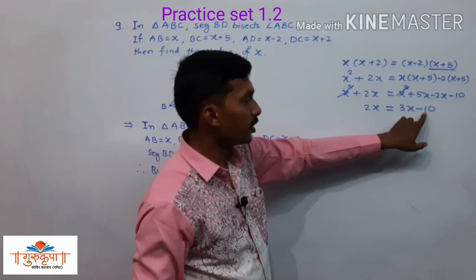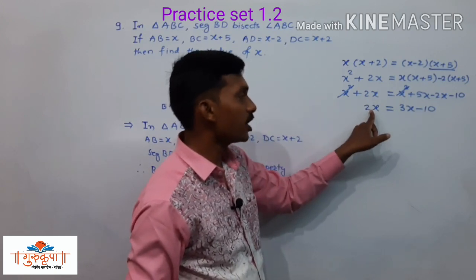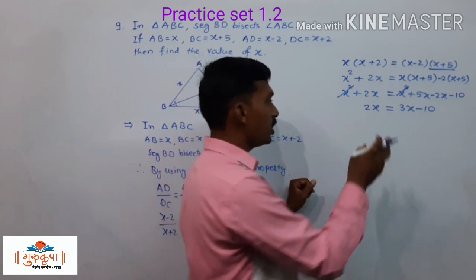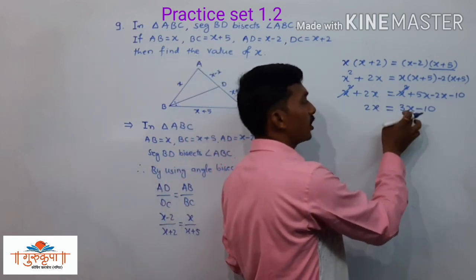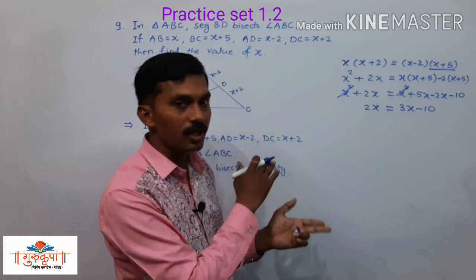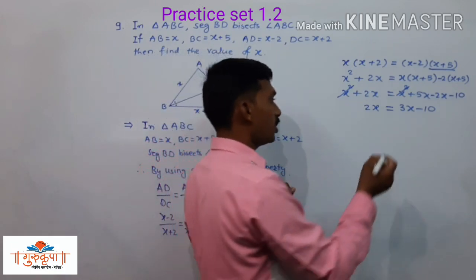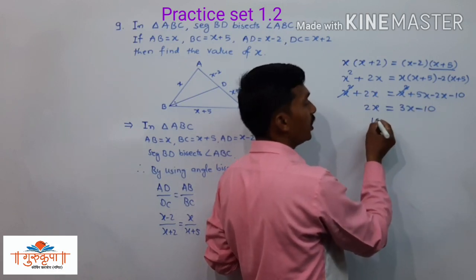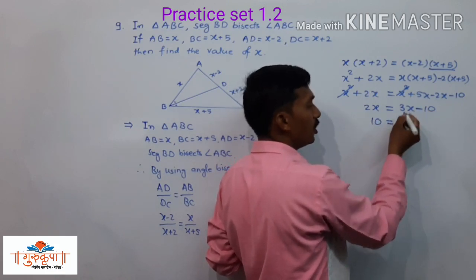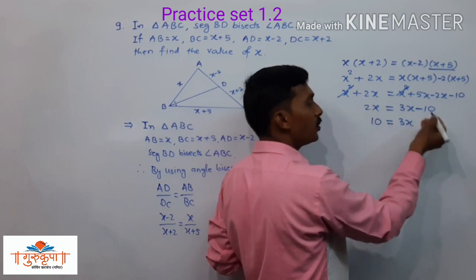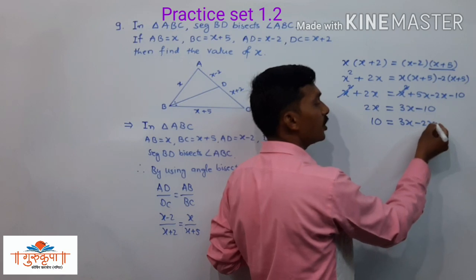Now we will transfer this minus 10 to the left side and transfer this 2x to the right side. Since both are having same variable x, we have to take them to any one side, either in LHS or in RHS. So we will transfer this minus 10 to the left side, that will become plus 10. This 3x remains as it is, and we have to transfer this 2x to the right side, that is minus 2x.